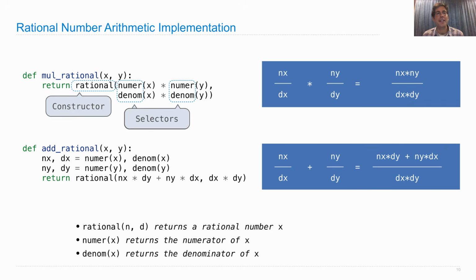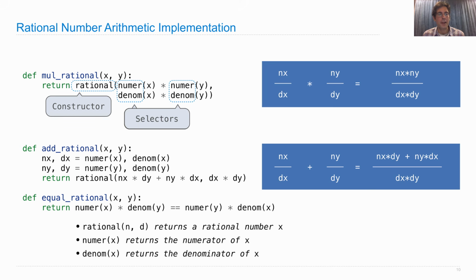Likewise, we can write a function that adds together two rational numbers. We give names to their numerator and denominator because we use those multiple times in our expression, and then we return a rational, which follows the formula on the right. One more function lets us really work with rational numbers, and that is equal_rational, which returns true if x and y are the same number.